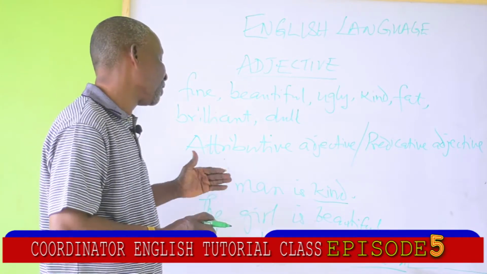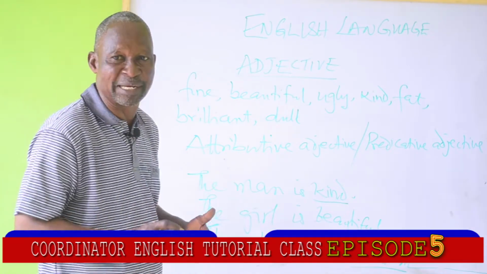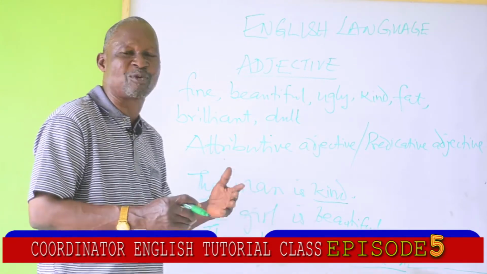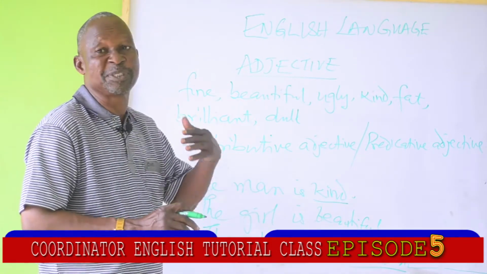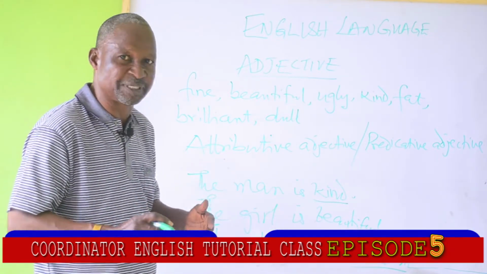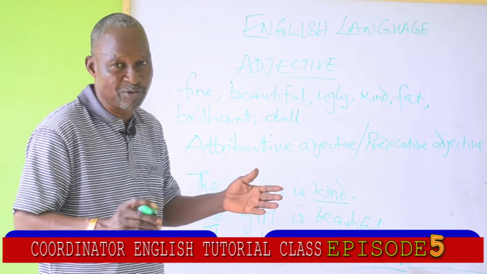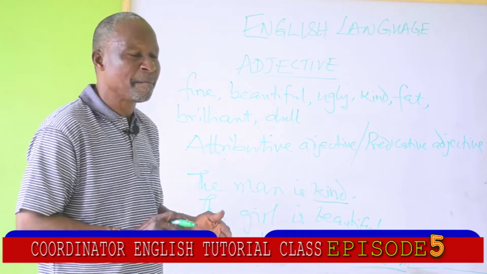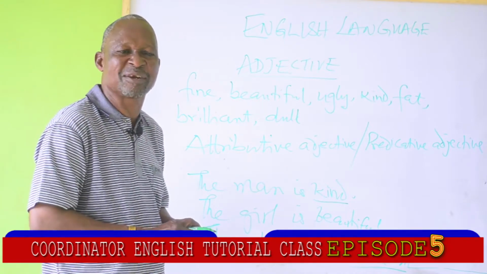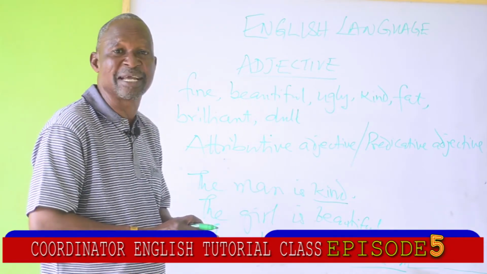For example, if I say he is a kind man, I can remove kind, because kind is not a complement, it's just a qualifier there. An attributive adjective can be removed from the sentence, especially when you are practicing summary. But a predicative adjective cannot be removed from a sentence, because it is regarded as a complement.